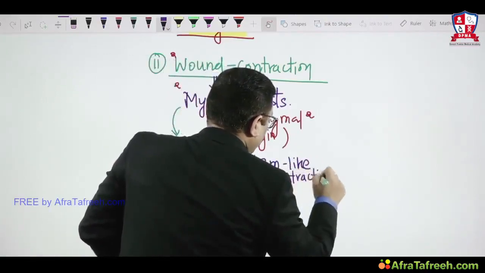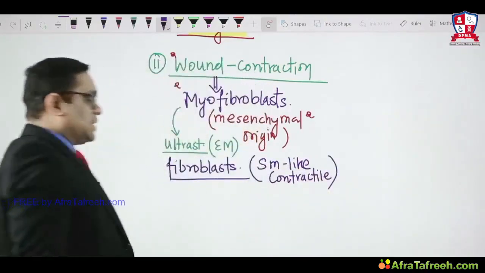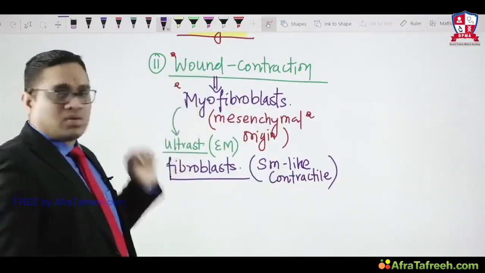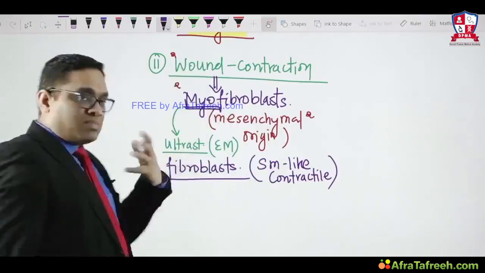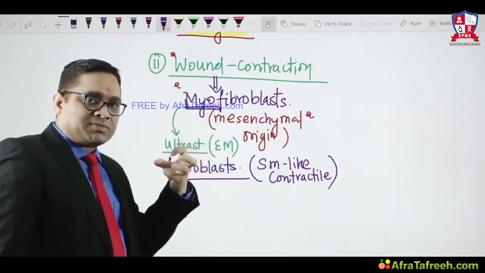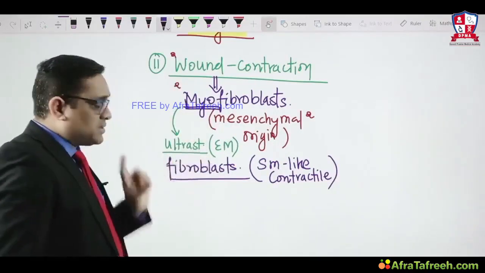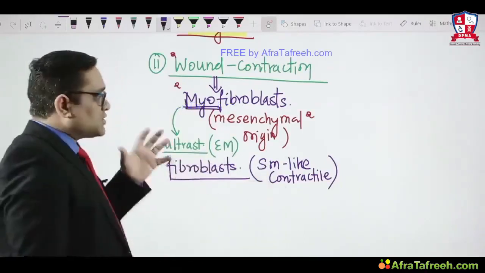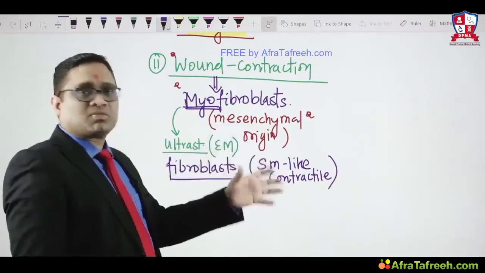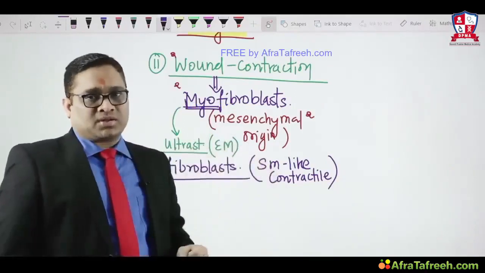That is why they are called myo. Myo means muscle. So muscle like contractile property is present in this fibroblast. That is why it is called myofibroblast. So this myofibroblast is responsible for wound contraction.